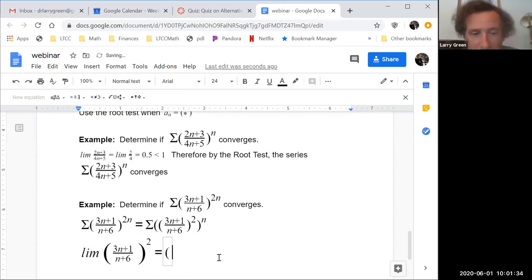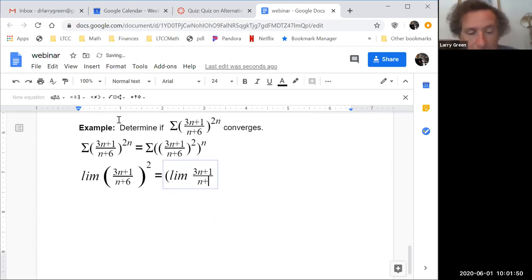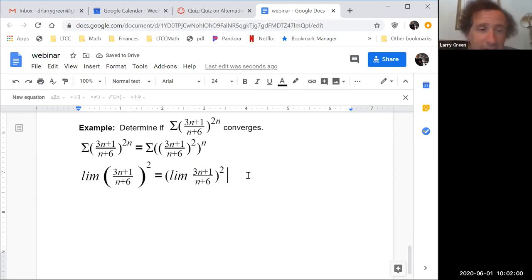So we take the limit of (3n+1) over (n+6), squared. That was a little theorem you had in first quarter calculus that you're allowed to do that. And now this limit is easy.